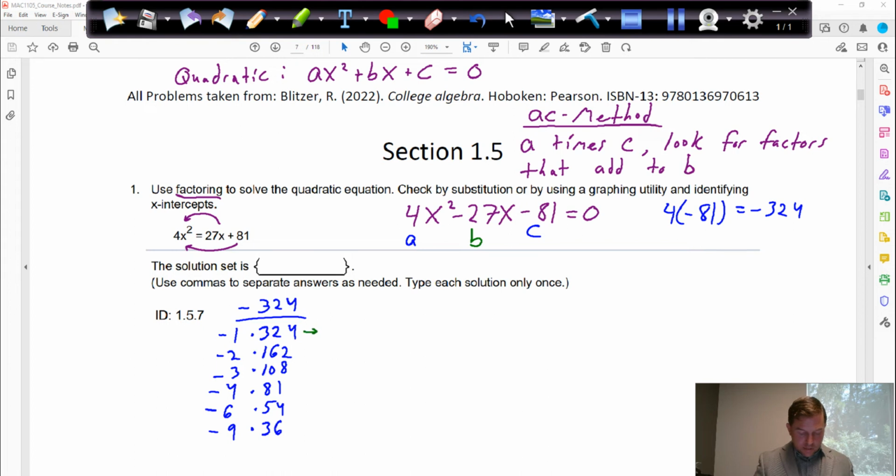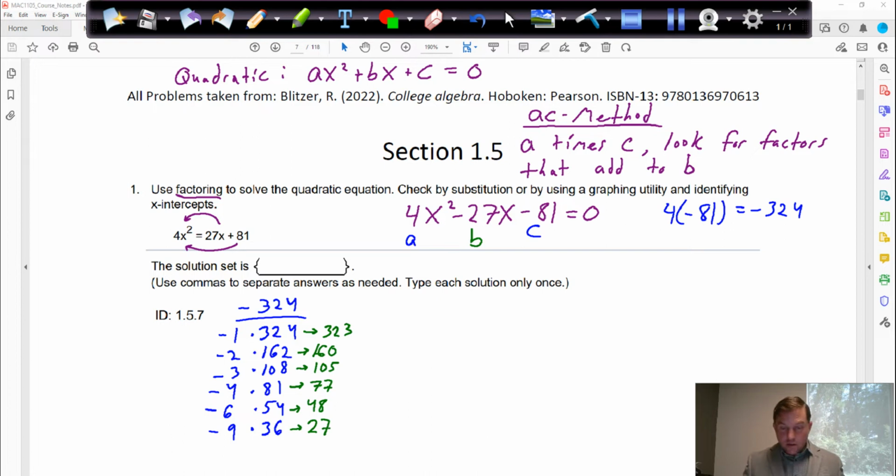If I add these two numbers, I get 323. If I add these two numbers, I get positive 160. If I add these two numbers, I get 105. If I add these two numbers, I get 77. If I add these two numbers, I get 48. If I add these two numbers, I get 27.